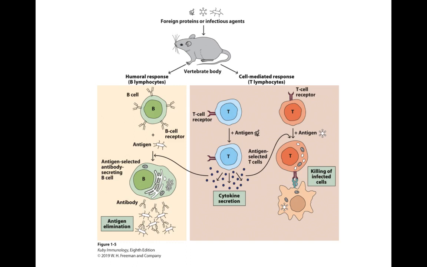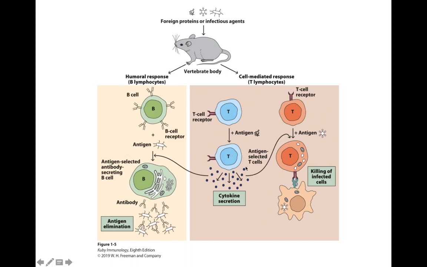And to get the activation of the adaptive immune cells, you would need to have presentation of antigen to the T cells. It's not quite shown here, but the T cell is showing you that it gets activated by antigen, and that would be with an antigen presenting cell to activate the T cells.